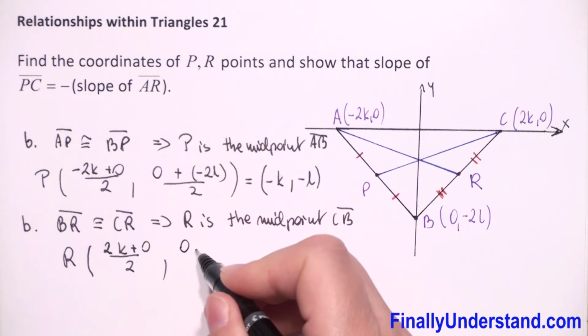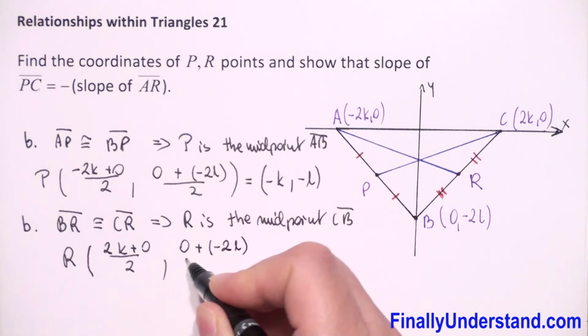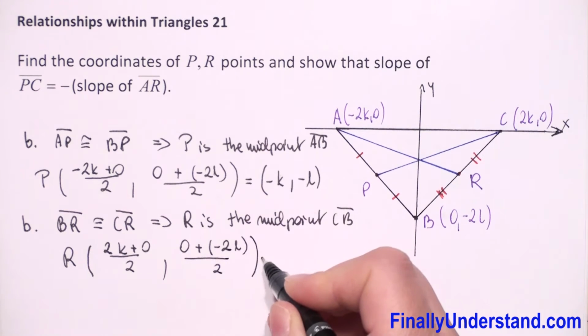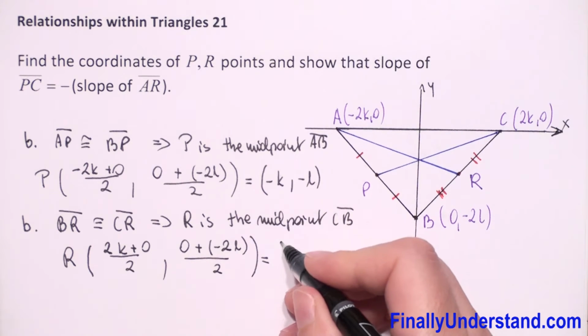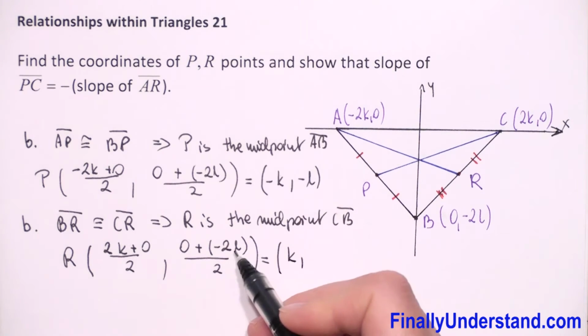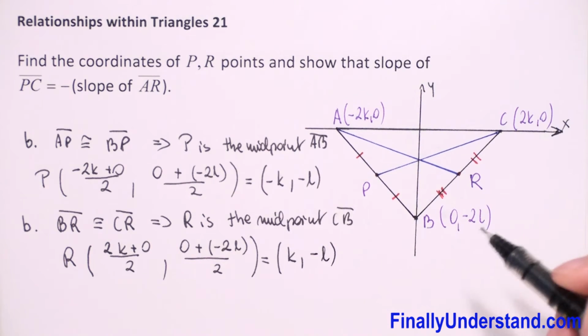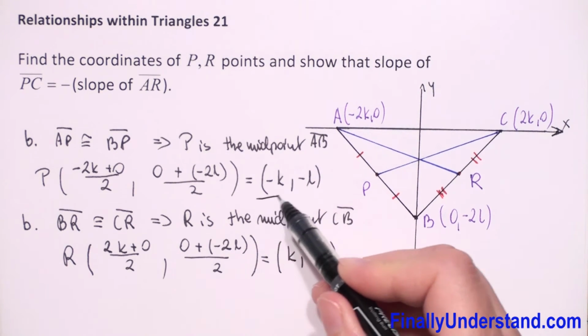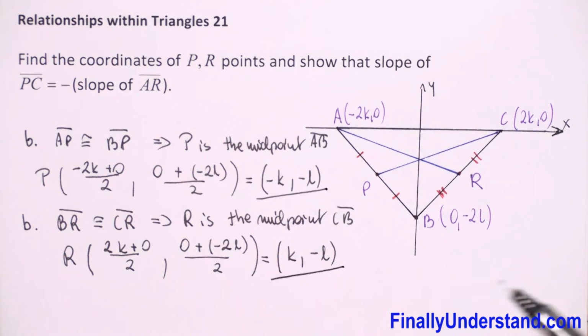So we have 0 plus negative 2L over 2. So this is equal to 2k divided by 2, which is k, and negative 2L divided by 2 is negative L. So we have the coordinates of P and R.